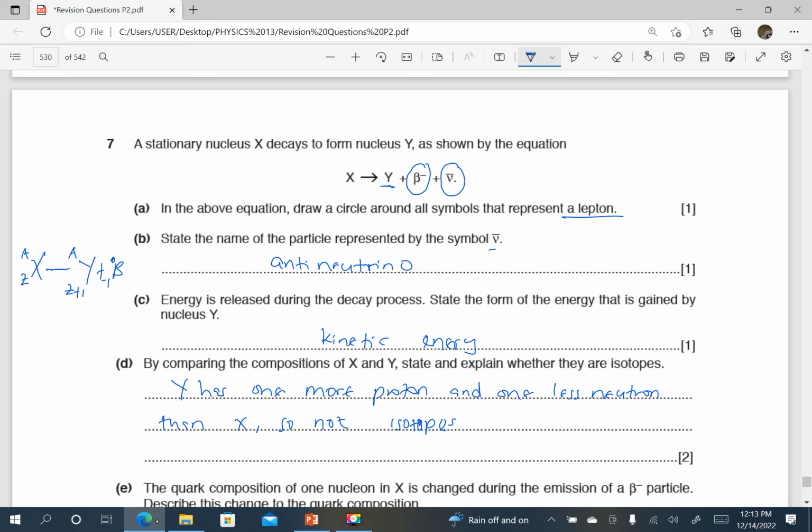Remember, isotopes must have the same proton number but different nucleon number or different neutron number. Although they have different neutron numbers, they don't have the same proton number, so they cannot be isotopes.